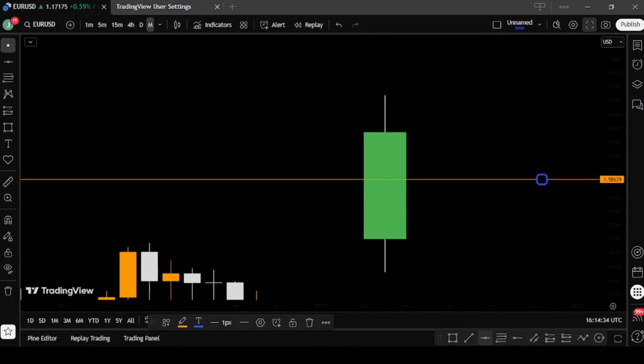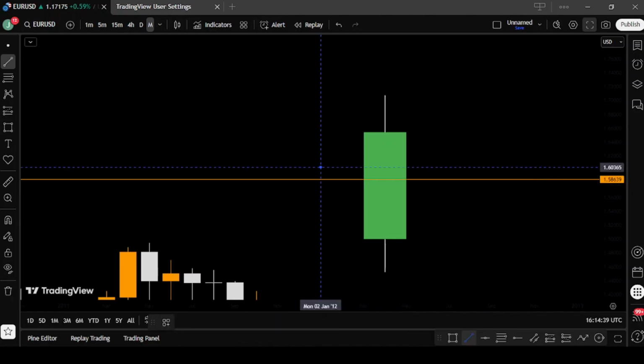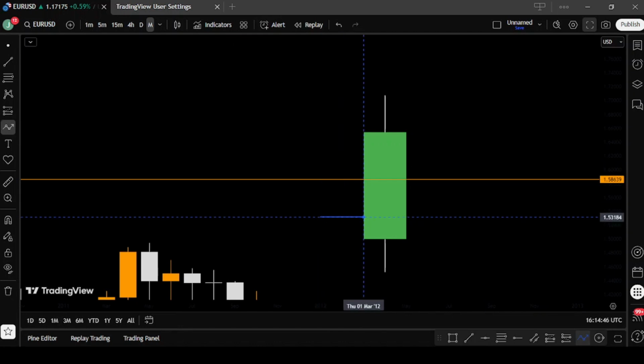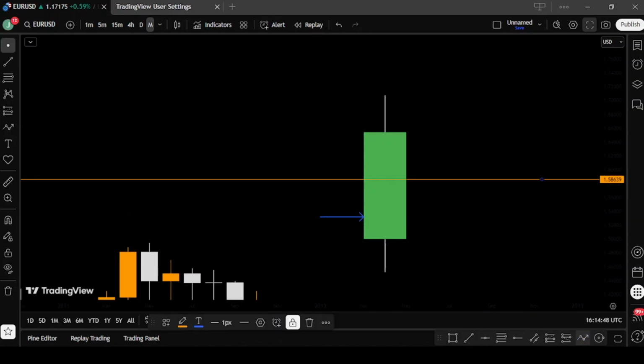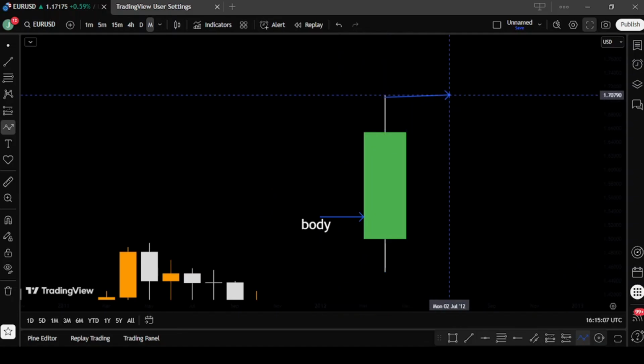Sorry for this. The green part of the candle is the body. Let's just write body text. This is the body. And this is the wick.